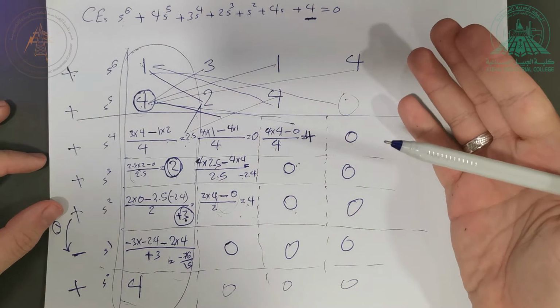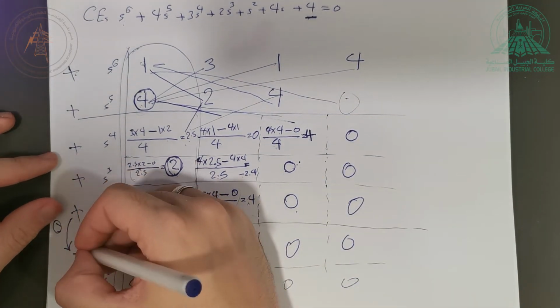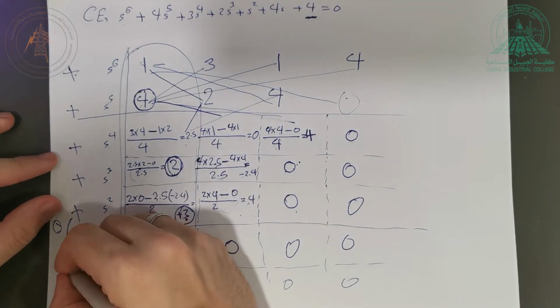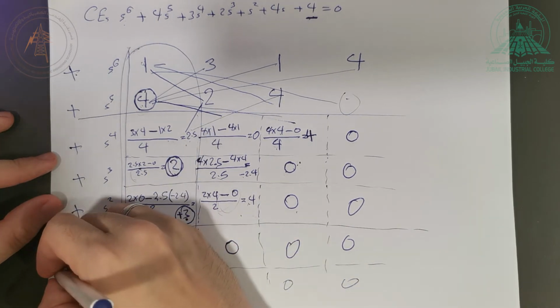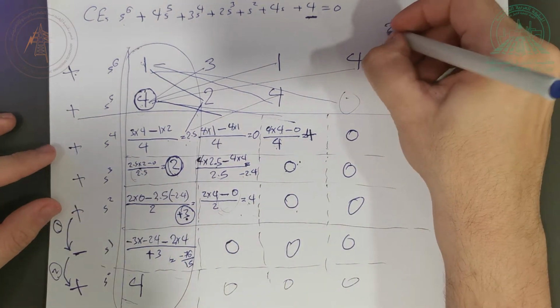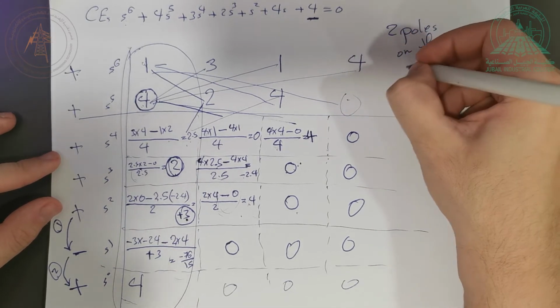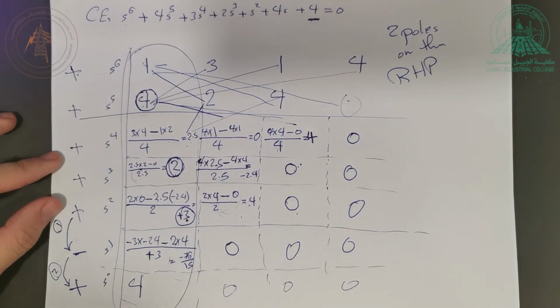The number of poles on the right hand plane depends on the number of changes in the sign. I change from positive to negative; this is the first pole. Then I change from negative to positive; this is another change, the second pole. It means I have two poles on the right hand plane.